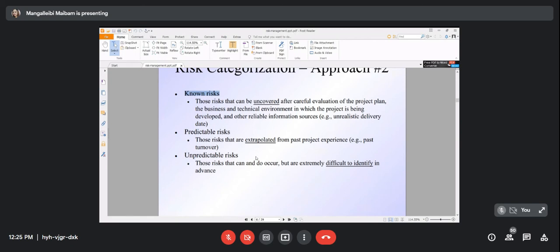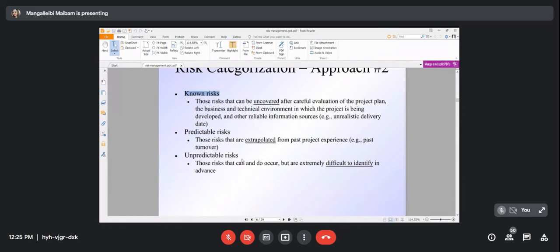Last year Diwali, this much sales we could achieve. That can be analyzed. In 2018, how much sales could you do? In 2019, how much? In 2020, how much? So based on the past experience, we can predict that this year we can achieve sales of this much. Okay, so predictable.